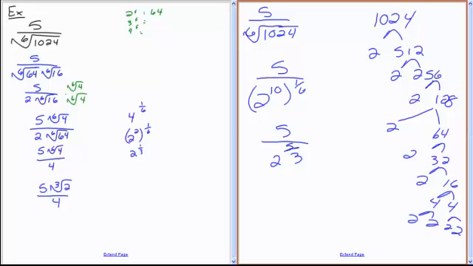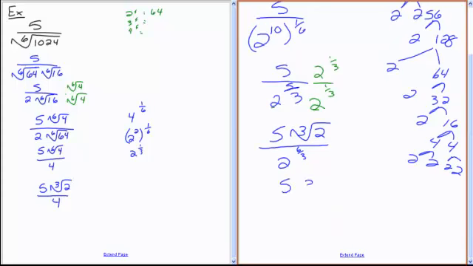If you can remember what we do with exponents, if I multiply by a form of 1, I add exponents. So if I multiply both top and bottom by 2 to the 1/3, when bases are the same, I add exponents. So therefore, I have 5 times the cube root of 2, I'll put it back in radical form, over 2 to the 6/3, which of course is 2 squared, which means this is 5 times the cube root of 2 over 2 squared, which is 4.